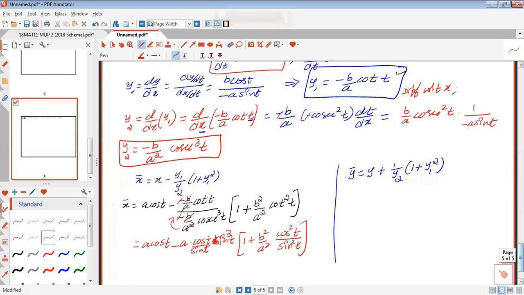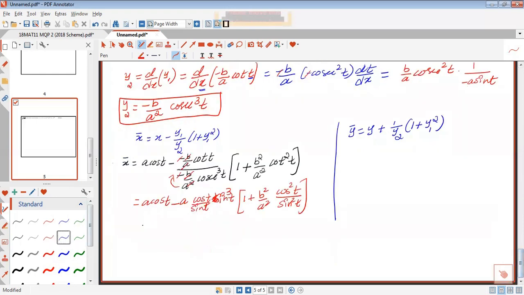Further, a cos t minus, here one of the sin gets cancelled, so sin square remains, minus a sin square t cos t into 1 plus b square by a square sin square into cos t into cos square t by sin square t.